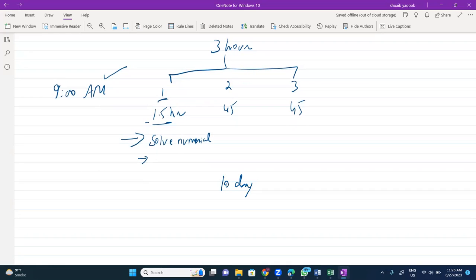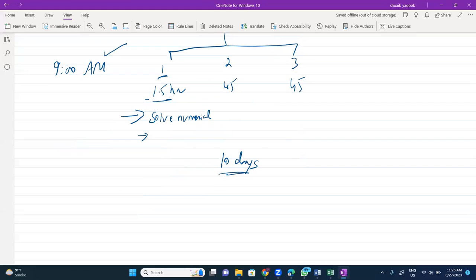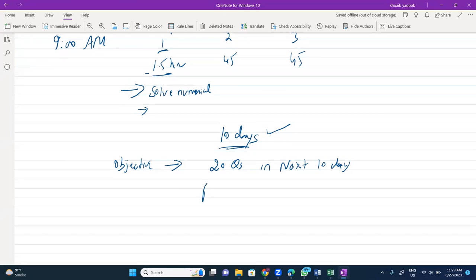Obviously it is like 11 or 12, but assume you have 10 days before the exam, and you have an objective to solve 20 questions in the next 10 days. Put a timer while solving these questions.